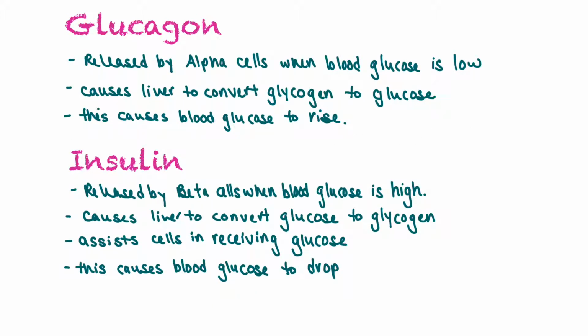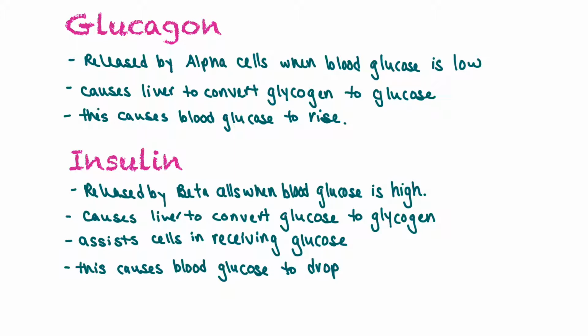So glucagon is released by alpha cells in the islets of Langerhans when blood glucose levels are low. And glucagon causes the liver to convert glycogen to glucose, and ultimately the blood sugar levels will start to rise again. So glucagon is released when blood glucose is low and causes blood glucose to rise.